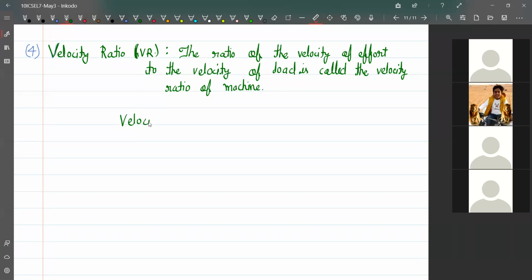And write the formula: velocity ratio VR is equal to velocity of effort upon velocity of load.